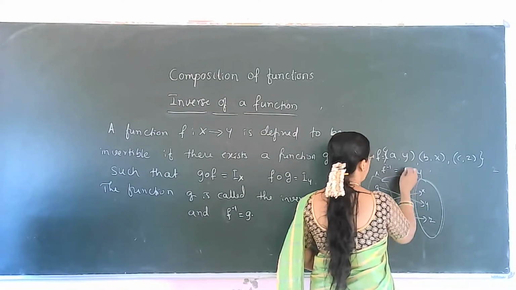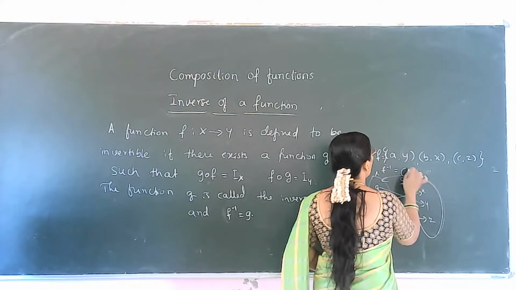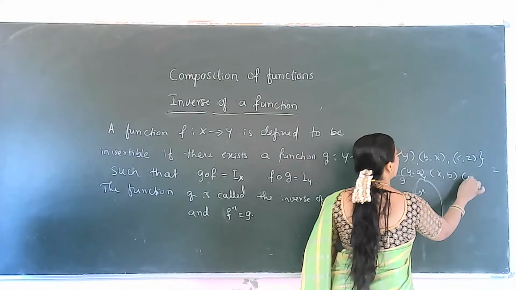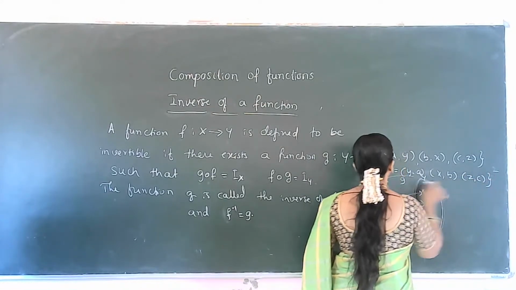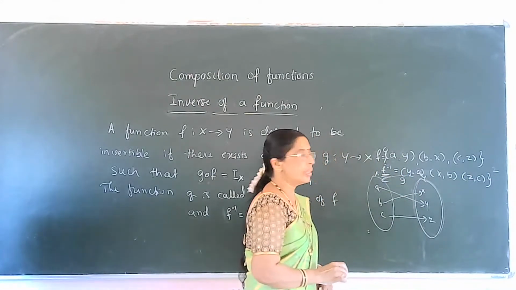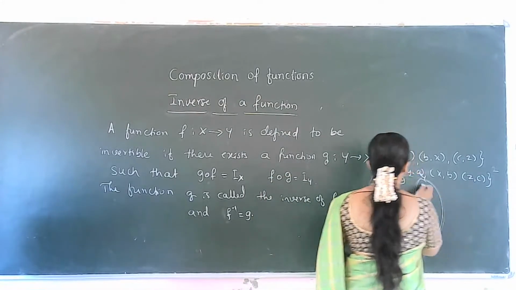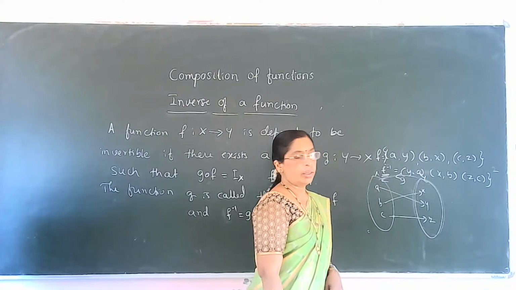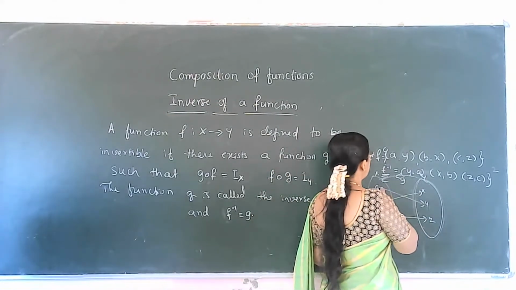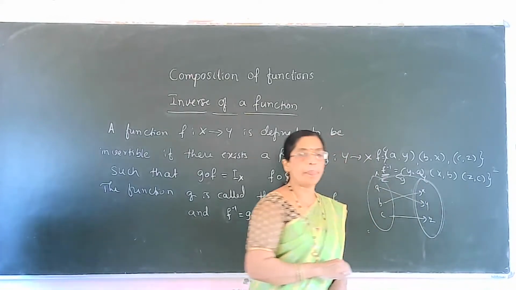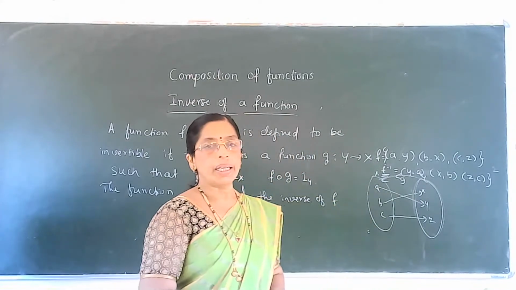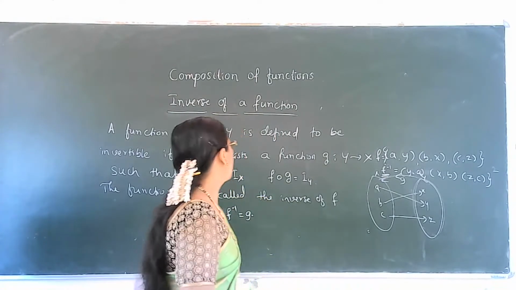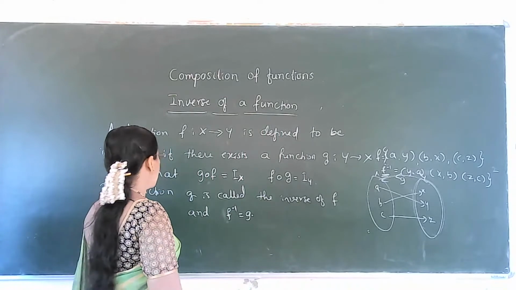Here its reverse: y to a, x to b and z to c. It's the f inverse, meaning g. The g function is from y to x. Here y to x and x to y is a function if it is one-one and onto also. Then only we call it an invertible function.